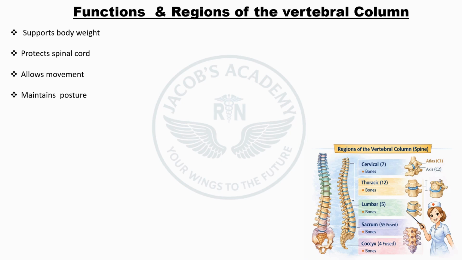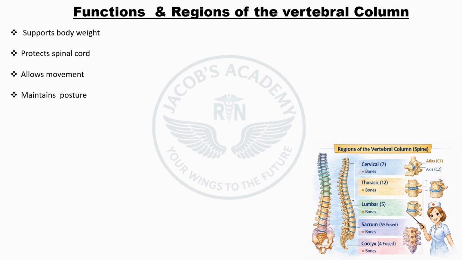The third is that it allows movement, such as bending forward, backward, sideways and rotation. Finally, it maintains posture, helping us stand upright and balanced. Remember, support, protection, movement and posture are the key functions of the vertebral column.